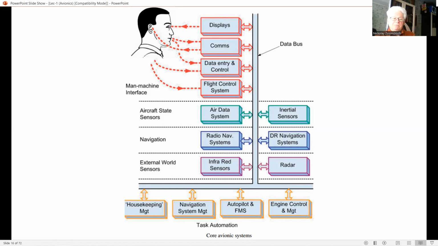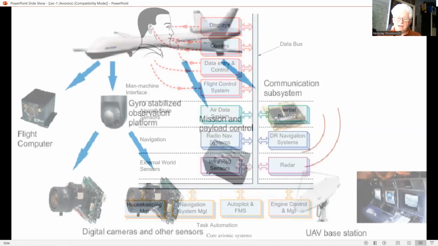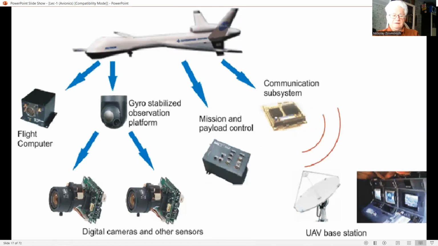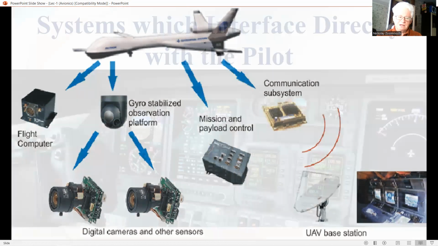These are briefly summarized below in order to provide an overall picture of the roles and functions of the avionics systems in the aircraft. It should be noted that unmanned aircraft are very dependent on the avionics systems too.